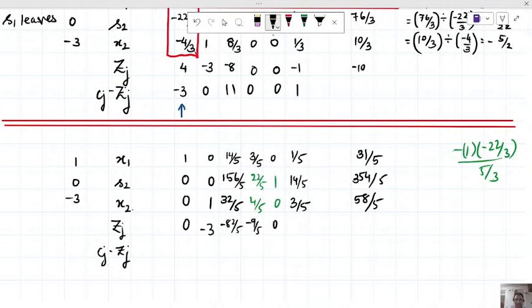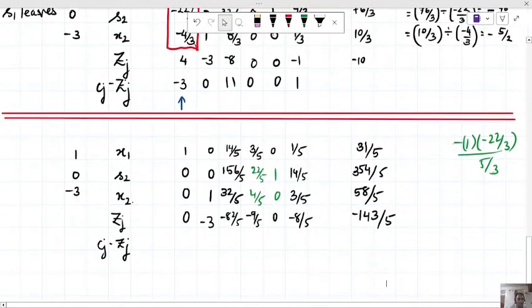Okay, here you get 0. Here the answer will be minus 9 and 1, so minus of 8 by 5. Okay, and here you will get the answer as minus of 3 in this 31, right? So minus of 143 by 5, this is the answer that you will get here.